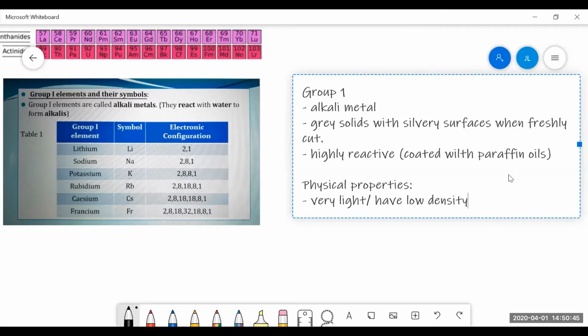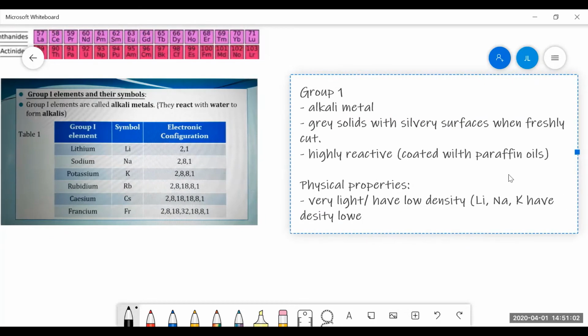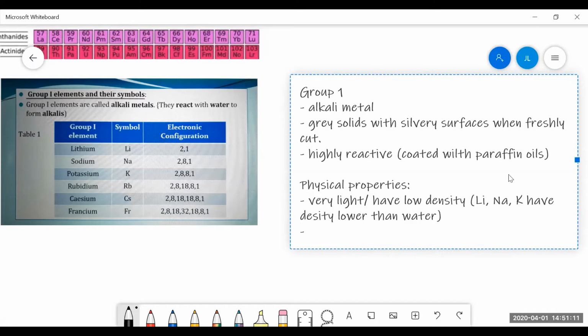This refers to lithium, sodium, and potassium. These three elements have a density lower than water. What is the second physical property? It is soft.